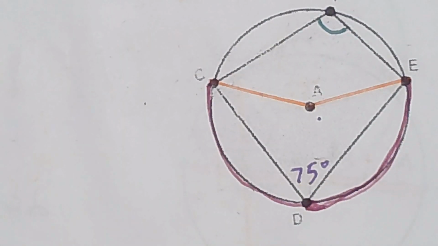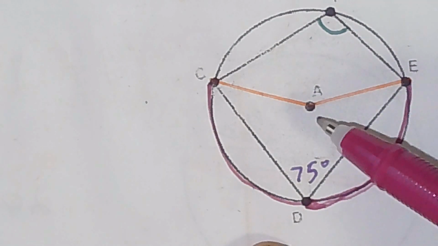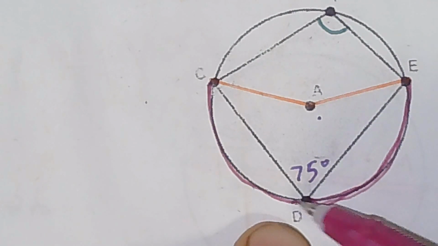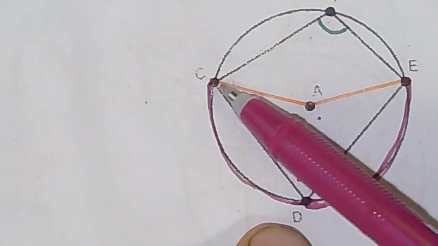Okay, so remember what an inscribed angle is. An inscribed angle is an angle whose vertex is on the circumference and shares endpoints with the central angle.